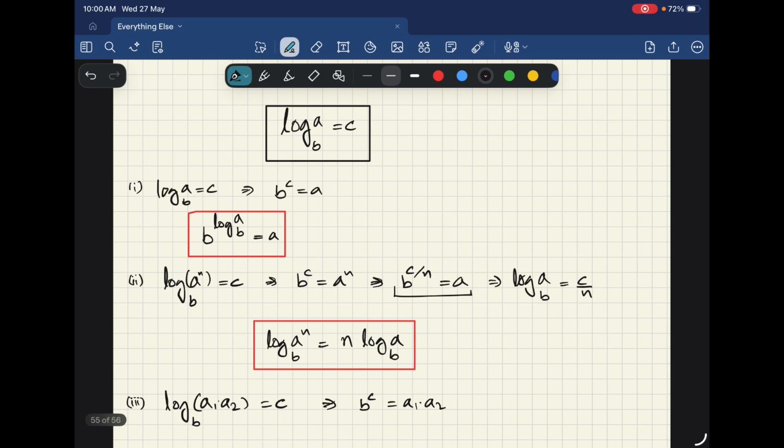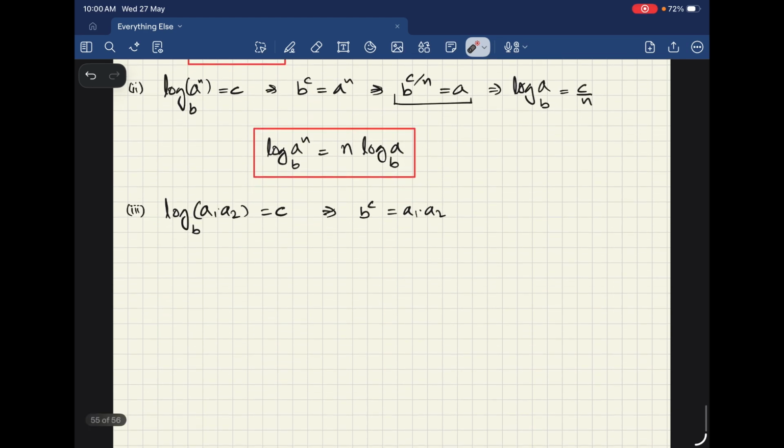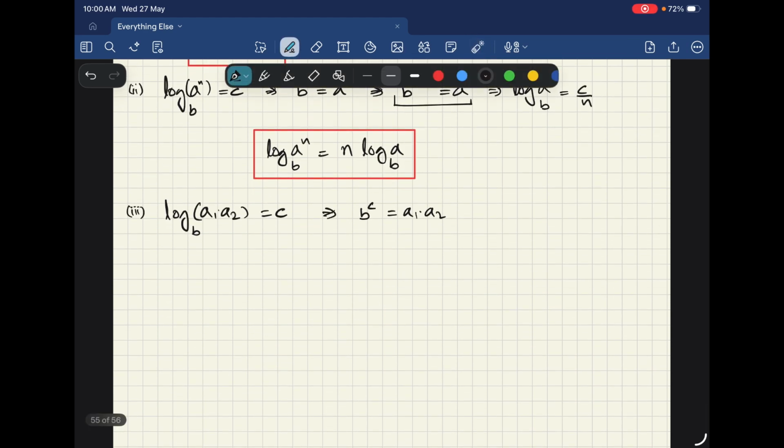That means if I substitute this a with a1, what I'll get is that b raised to the power log a1 base b is a1, right? So we can substitute a1 and a2 from there.